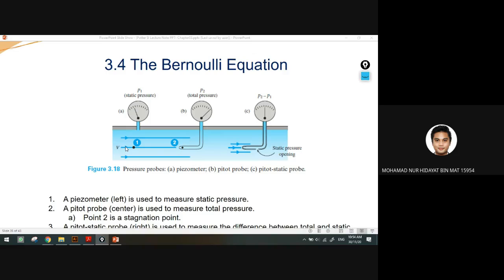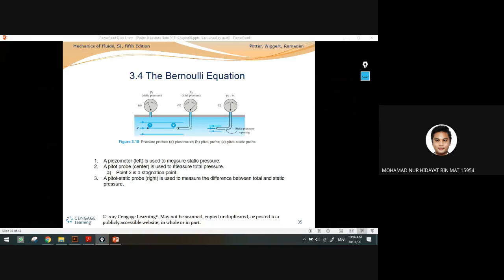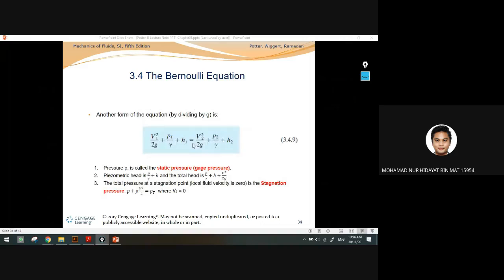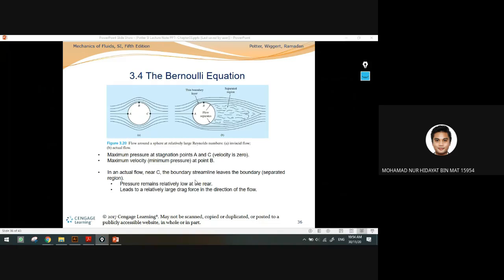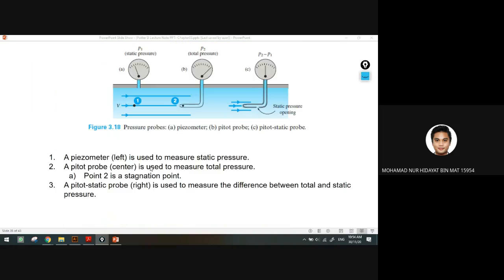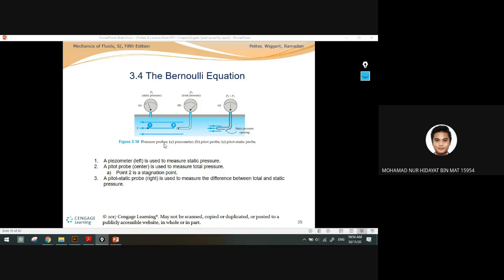When the velocity decelerates and stops at 2, we can use the Bernoulli equation. You can see velocity at 2 cancels, it becomes 0. Finally, you get the answer here, the total pressure P2. All of this is based on the Bernoulli equation. However, there is another device we call a pitot static probe.